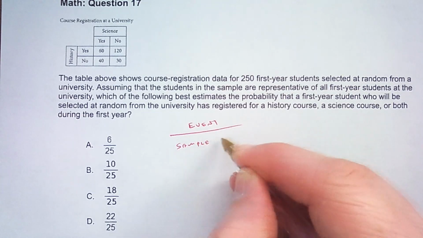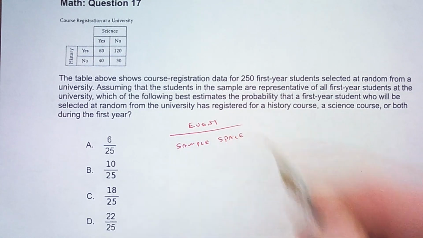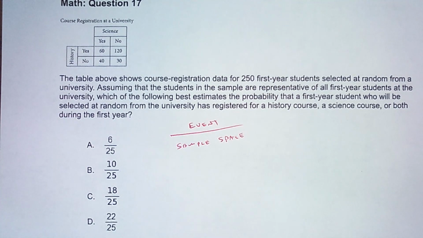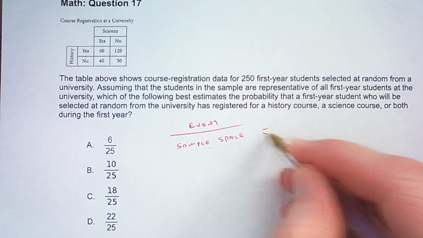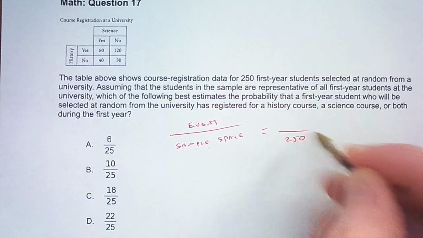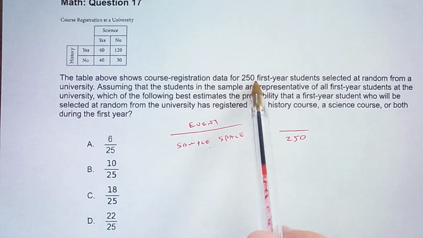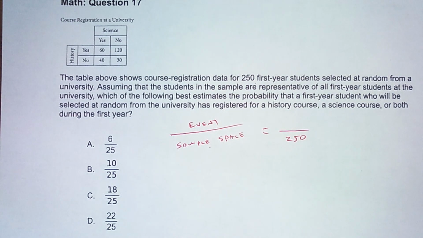over a sample space. Okay, so the event is students who take either science or history or both. The sample space is everyone who was part of the data. So in this case, the sample space is 250 because there are 250 students represented in this table.